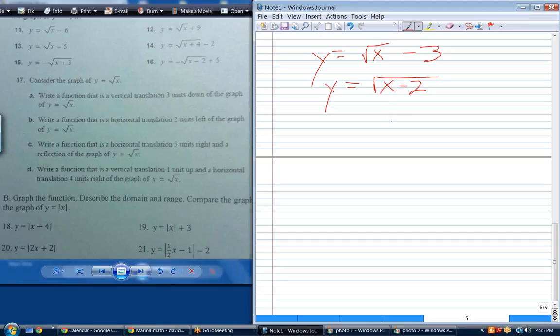You can consider x minus h as the standard, and if h is positive, we move to the right. If h is negative, we move to the left. Or you could just look at it as, if this is negative, we move to the right; if it's positive, we move to the left. It would seem almost easier to think of it in the latter way, but the problem is with other functions, it's going to be a little different. Although not really, since x minus h is the standard on all of the functions.